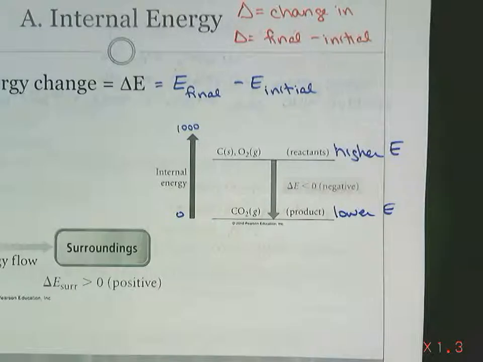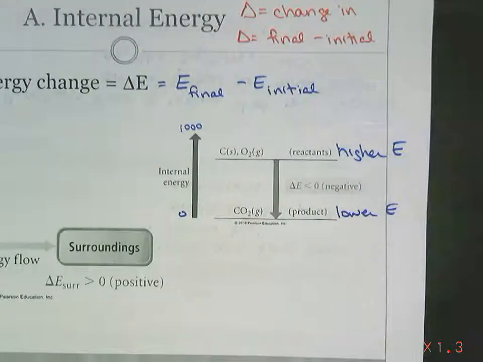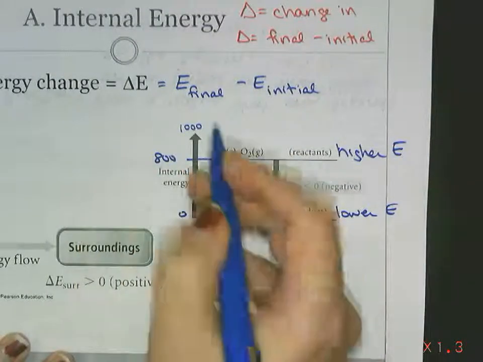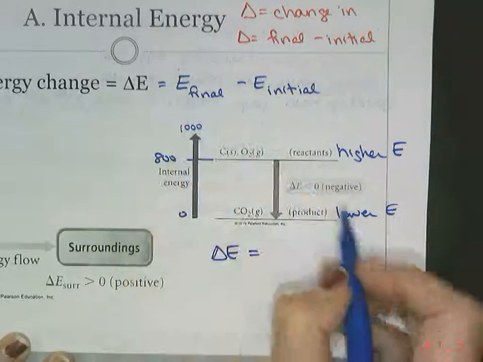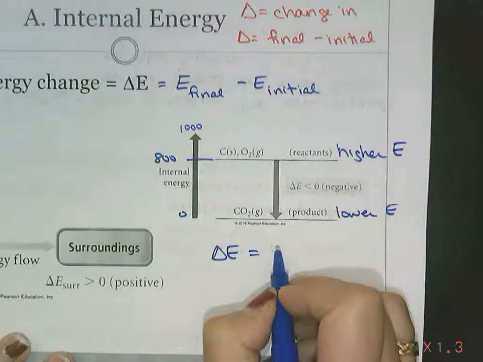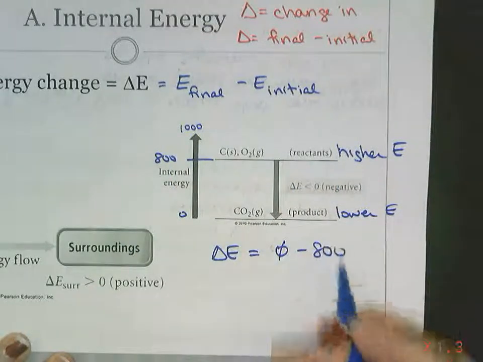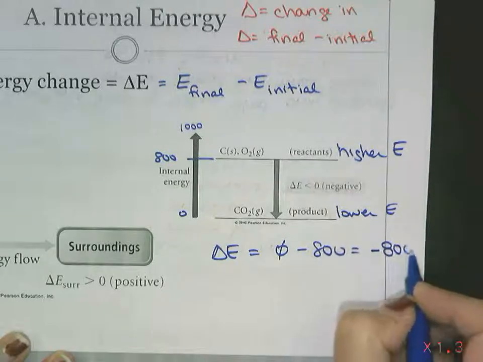So if I wanted to figure out the change in energy, let's make up an imaginary number. Let's say this is at 800. My delta E is final, which is the product, minus my initial, which is my reactants. So I would have a negative energy value.